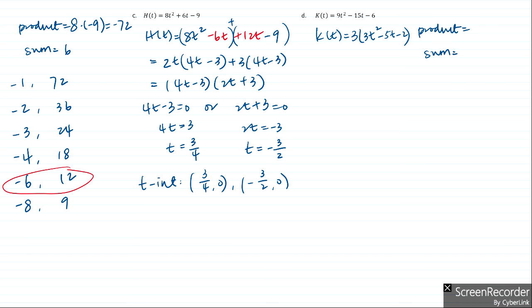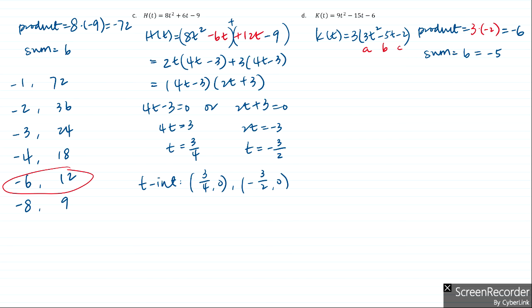So now I really have a new polynomial to work with, where a equals 3, b equals negative 5, and c equals negative 2. So my product here needs to be 3 times negative 2, the new a times new c, which is negative 6. And the sum needs to be equal to b, which is negative 5.